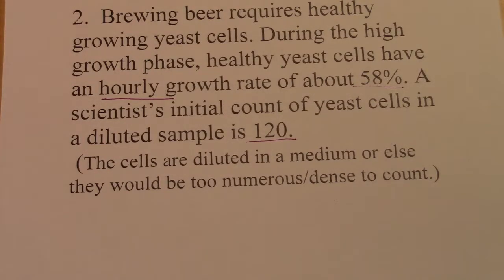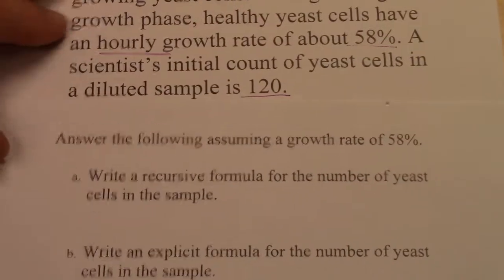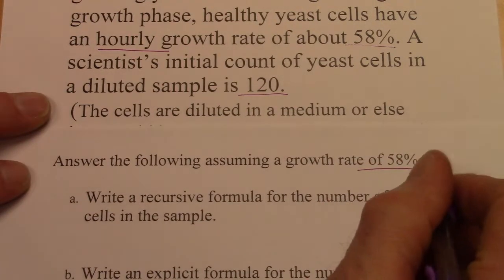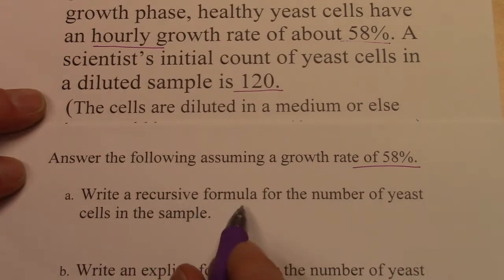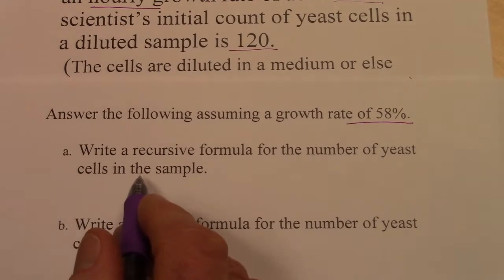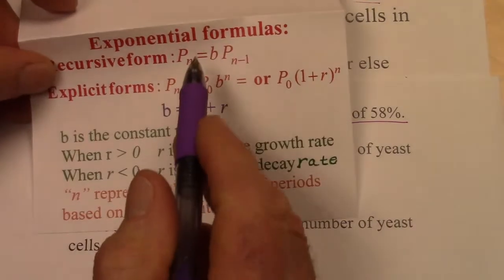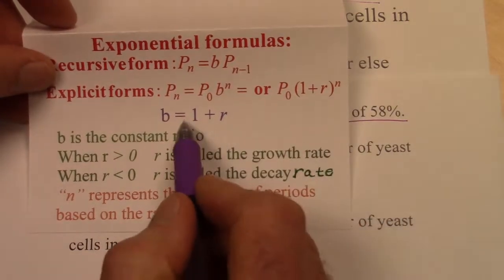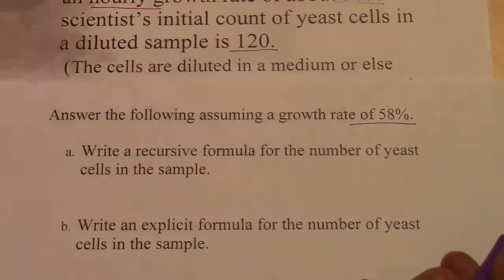So we're going to use the exponential growth formula. Let's assume it has a growth rate of 58%. If we write a recursive formula for the number of yeast cells in the sample, that's going to look like this: P sub n equals B times P sub n minus 1. Now remember, B is 1 plus r, the growth rate.